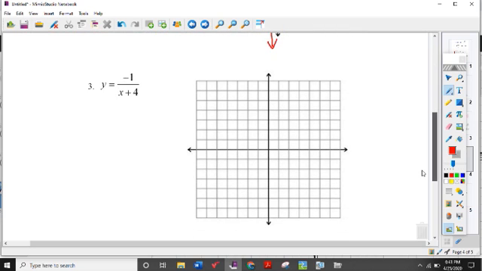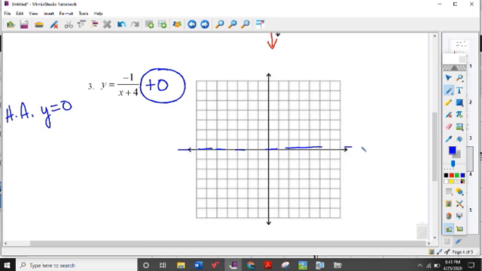So number 3, again, the idea is to find the asymptotes first. So in this case, I don't have a k here. There's nothing on the outside, so that's considered 0. So my horizontal asymptote for this one is the line y equals 0, which is our x-axis.